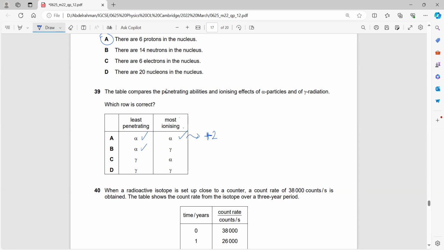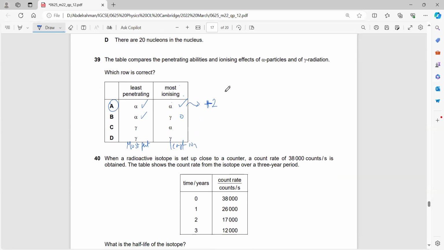The gamma has a charge of 0, so it's not the most ionizing. Actually, it's the least ionizing. So the least penetrating is alpha. The most ionizing is alpha. The least ionizing is gamma, and the most penetrating is gamma.